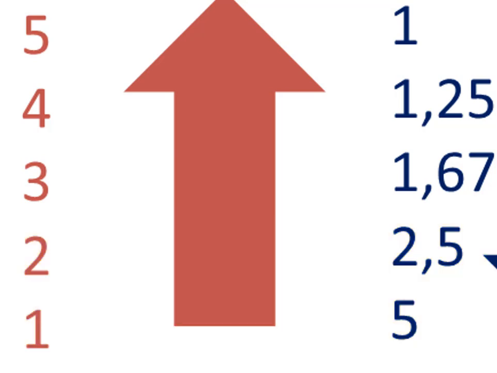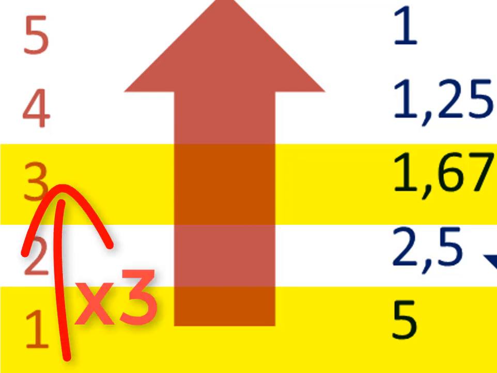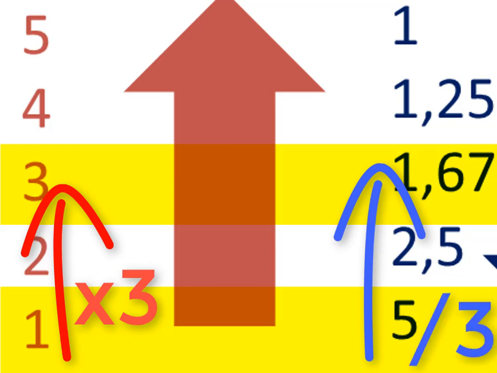What about if we look at 1 and 3 from the independent variable values? The independent variable has tripled, increased threefold. 1 times 3 equals 3. And the dependent variable has correspondingly decreased threefold. 5 divided by 3 equals 1,67.